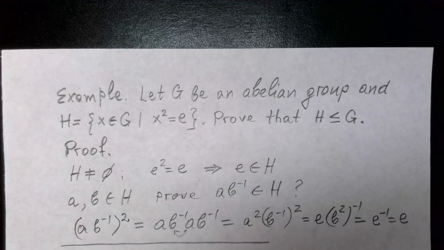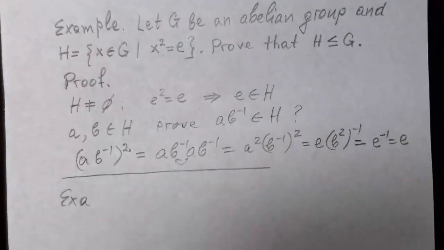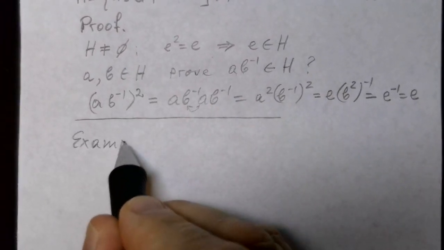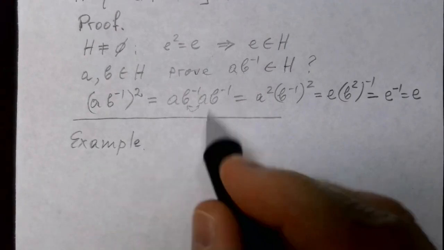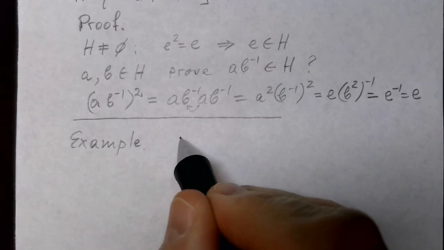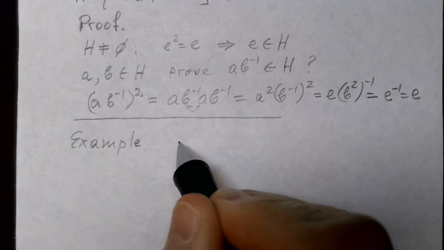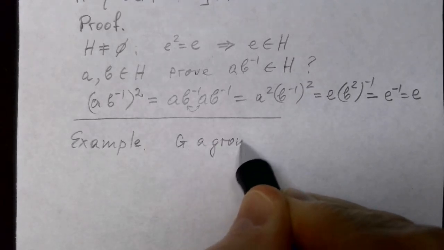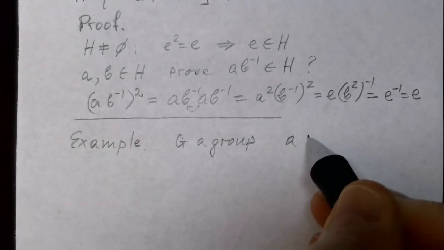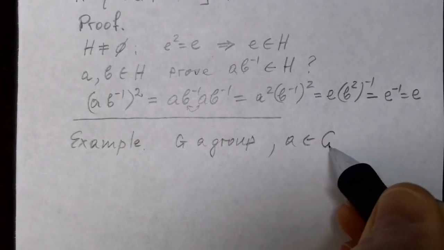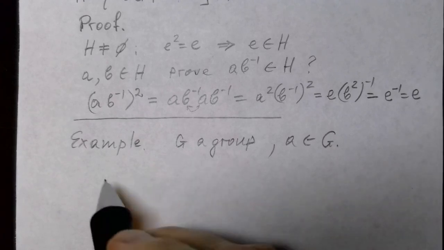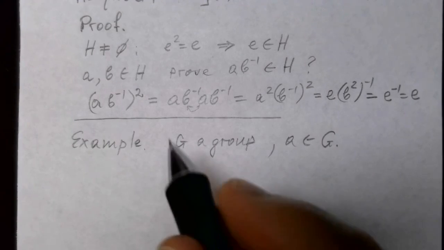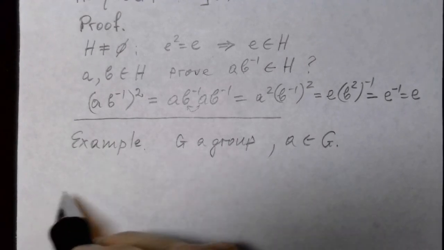In the next example, G is any group and A is an element in G. So G can be a non-abelian group. No restrictions here.